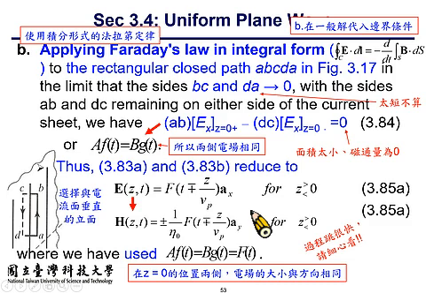It says the closed loop integral of the electric field intensity equals the negative of the magnetic flux enclosed by this rectangular region.